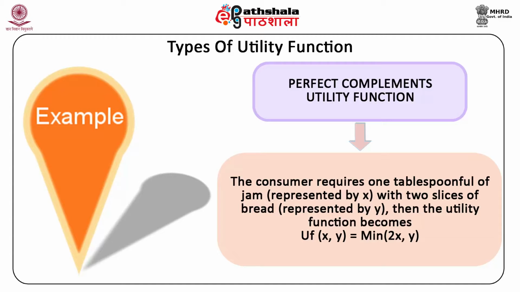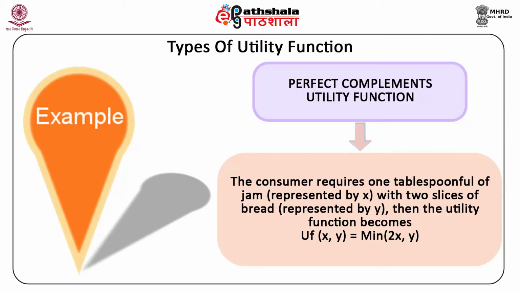Now, even if we increase the number of slices, but do not increase the quantity of jam, the utility attained remains the same at 2 units. The extra slice has no value without more jam because utility does not increase if only X is increased.